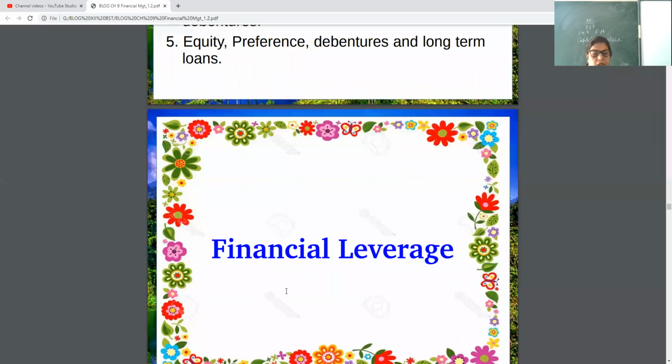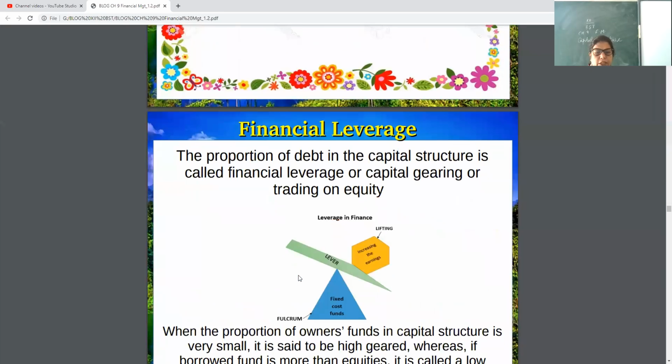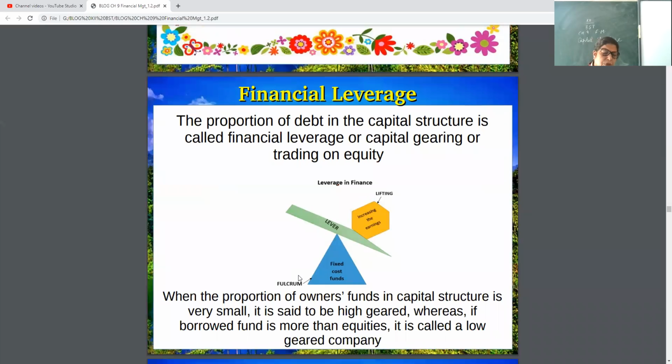Now, the next term is, what is financial leverage? Financial leverage, note down from the screen. The proportion of debt in the capital structure is called financial leverage, capital gearing, and the main term which I want to tell you, that is trading on equity.